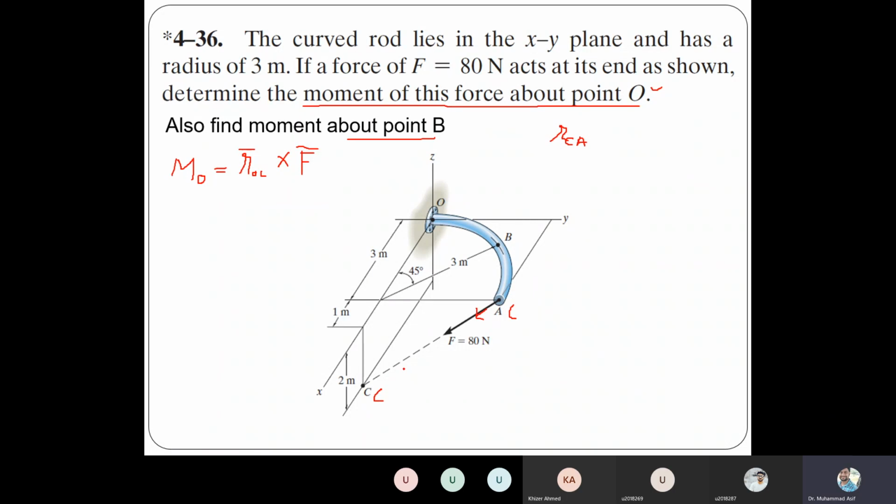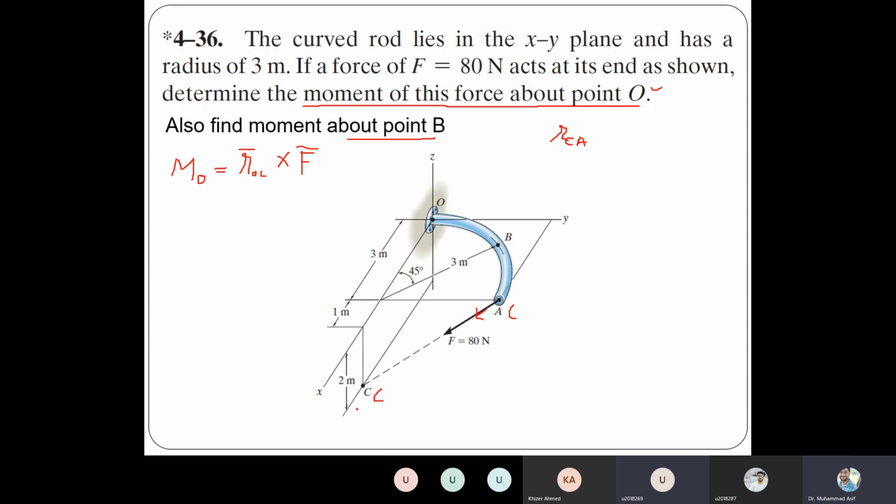What are the coordinates of C? Anyone? 3i, 3j, 3 sine 45j?